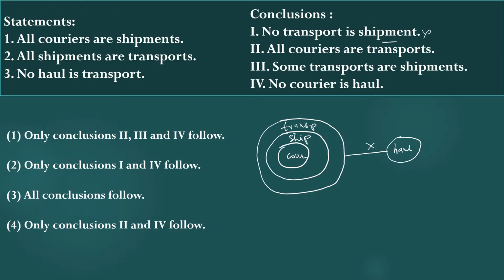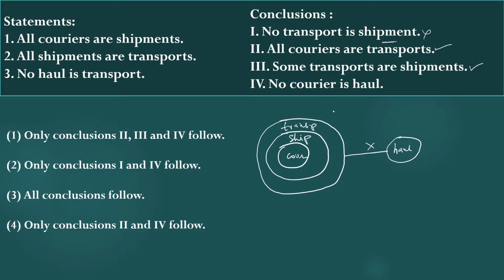See conclusion 2: all couriers are transport, yes. Conclusion 3: some transports are shipments, okay. By seeing the Venn diagram, we can say some transport is shipment, some shipment is courier, so it follows.